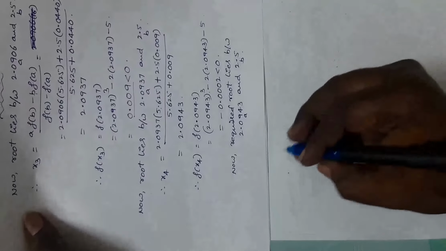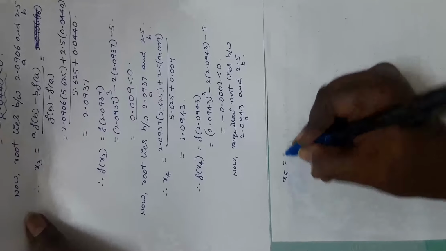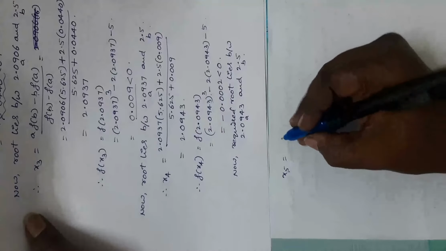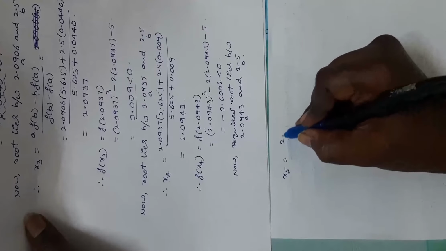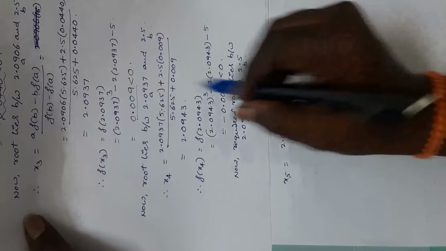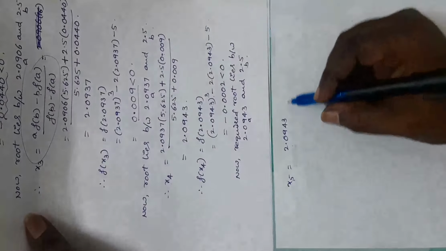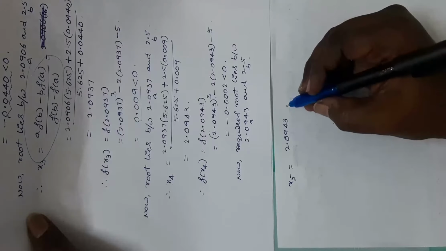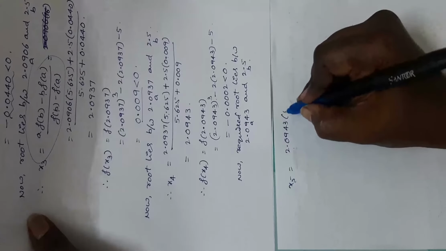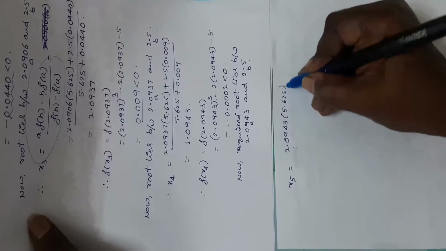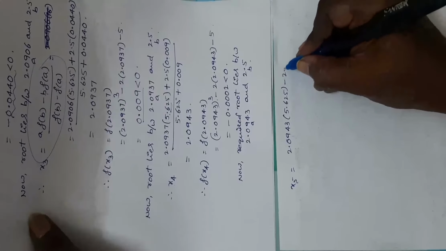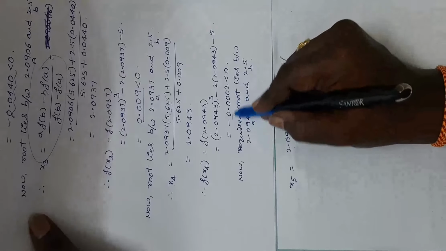The next better approximation is denoted by x5, because the previous approximation is denoted with x4. So A is nothing but 2.0943. It is not necessary to write this formula every time. A into f of B. F of B is nothing but 5.625.